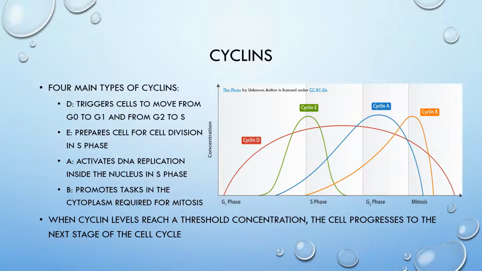And we already went over how cyclins function in the previous slide. So when a lot of cyclins carry out the function, the process we saw in the previous slide, the cell progresses to the next stage of the cell cycle.